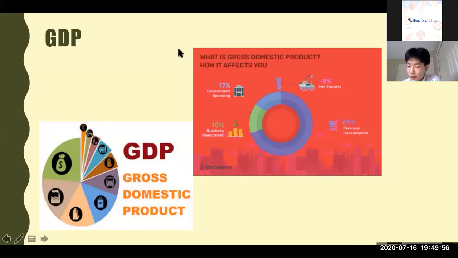And in usual cases, a country's economic strength can be demonstrated through GDP. So if you have a very high GDP in the world, it means that your economic strength is very good. Higher GDP means better economy, basically. It is actually more complicated than that, but I don't want to go too deep today because I know most of you are new to economics.